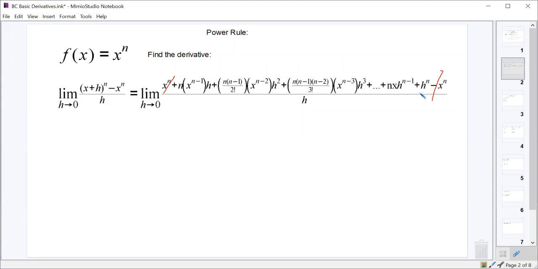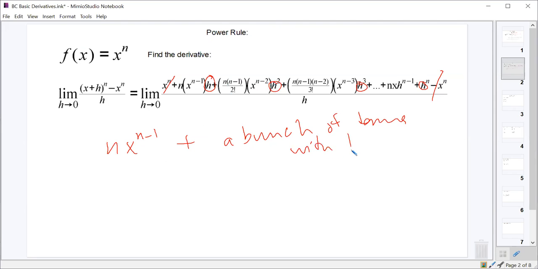And what is left in each of these other terms? They all have some sort of h in them. If we factor that h out and cancel it down here, we end up with n x to the n minus 1. And up here, we end up with a bunch of other terms with h in them.